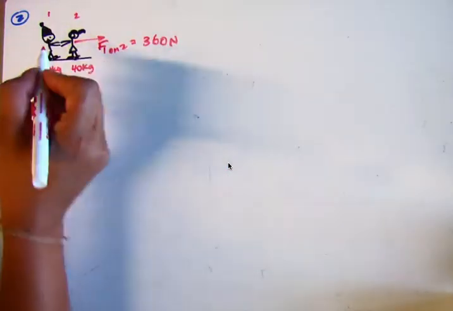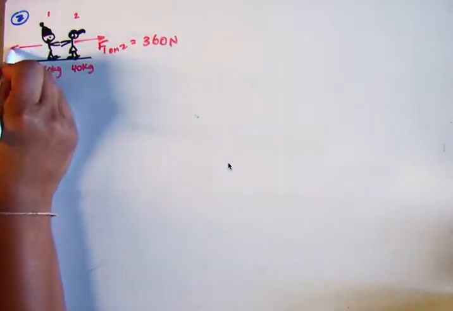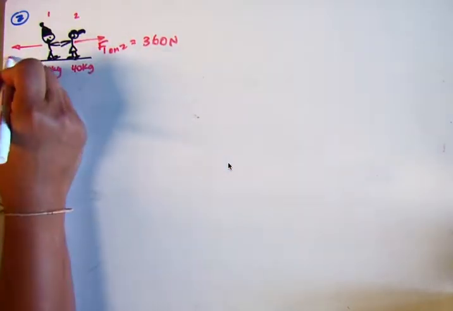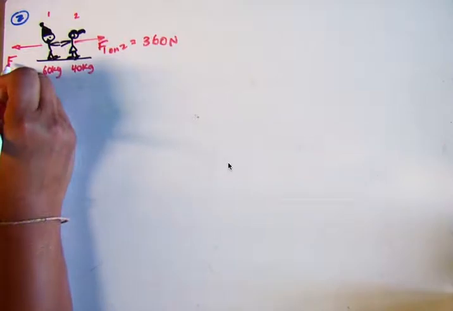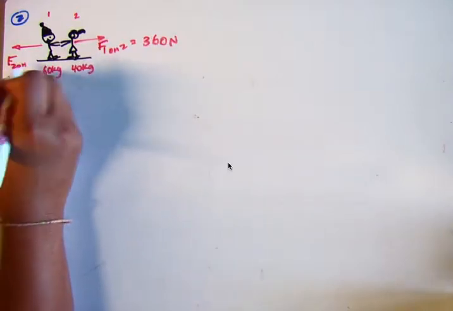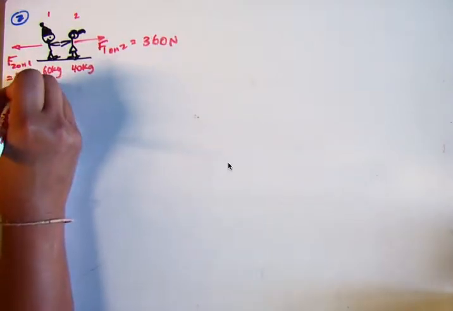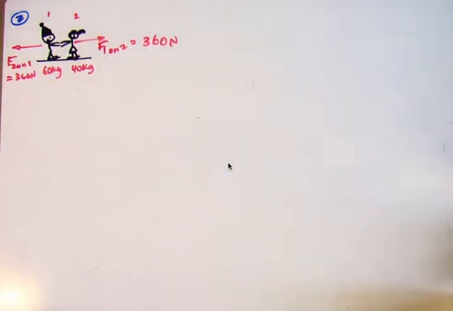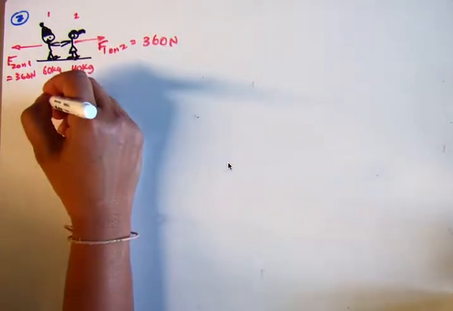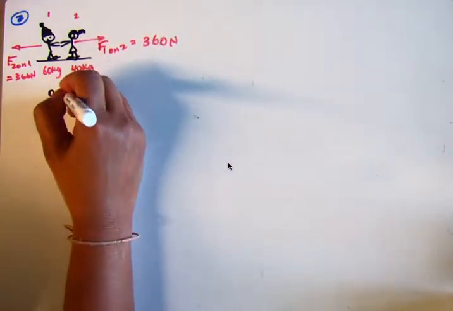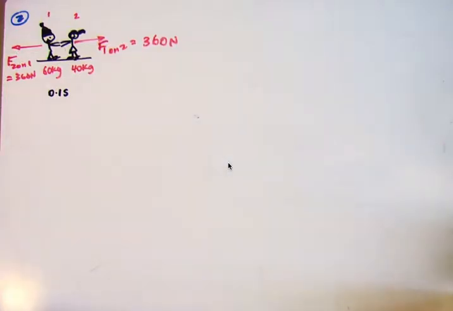Then because of Newton's third law, we know there's an equal and opposite reaction force, 2 on 1, equal to 360 newtons. So once they push each other, the contact lasts for 0.1 seconds, and then they move away from each other.